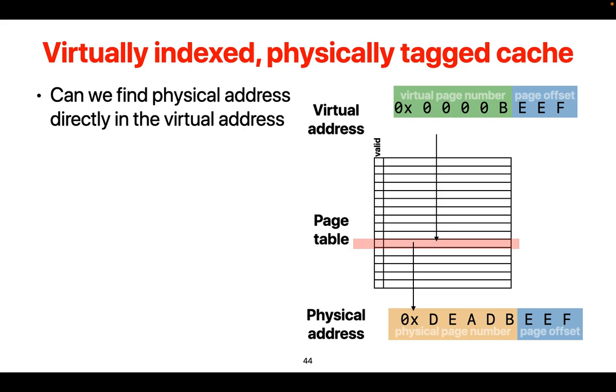Okay, so you partition the address simply because first I want to find out which set may contain my data. That's the key thing, right?